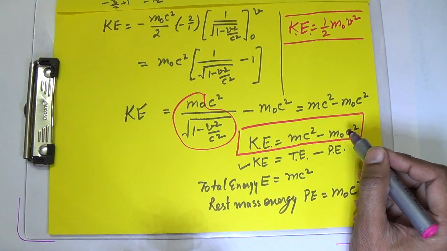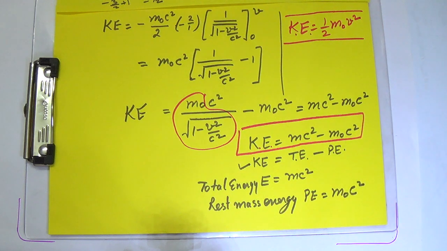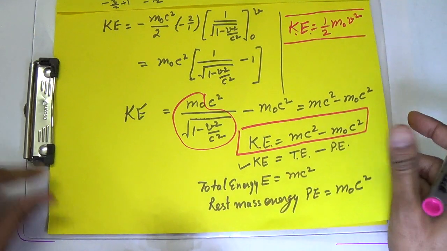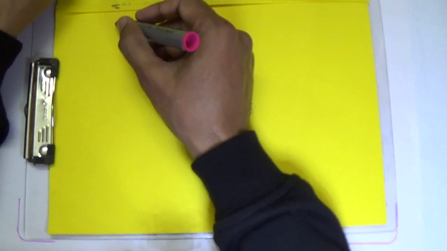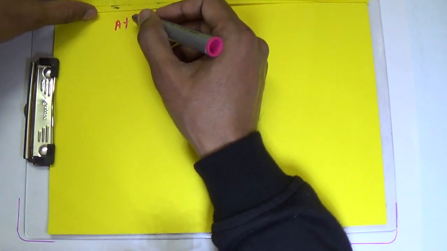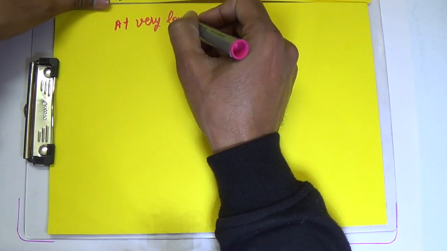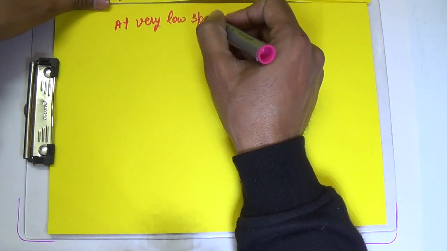So what are the limitations basically for it? For that, what will happen at a very low speed?